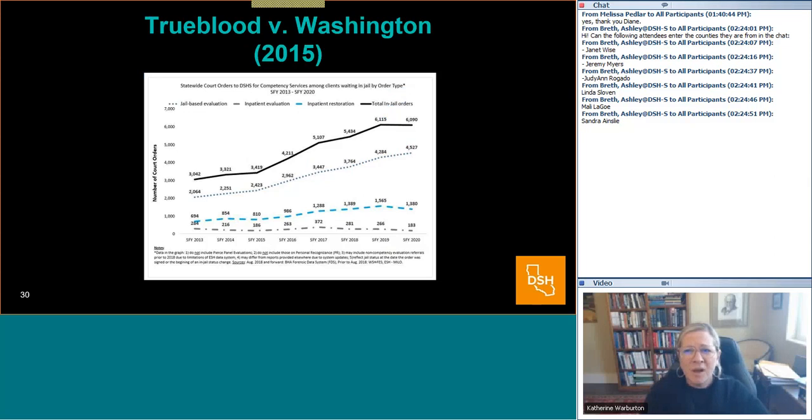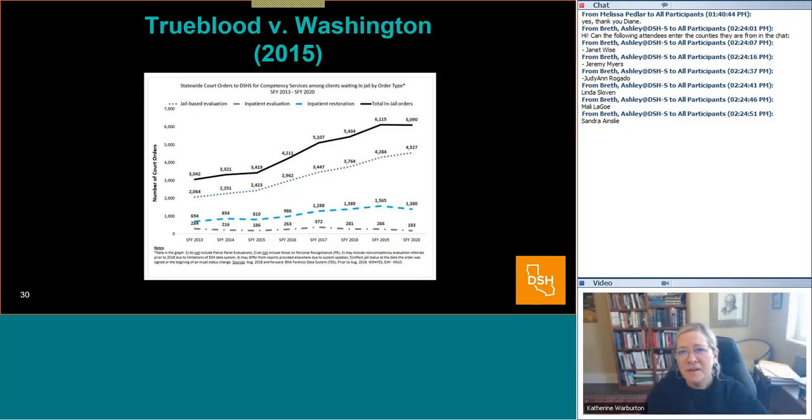We look to Washington State to try to understand what's going to happen with the IST crisis. Washington State experienced the first litigation for their issues getting incompetent to stand trial commitments into their state hospital system for very similar reasons that we've experienced.